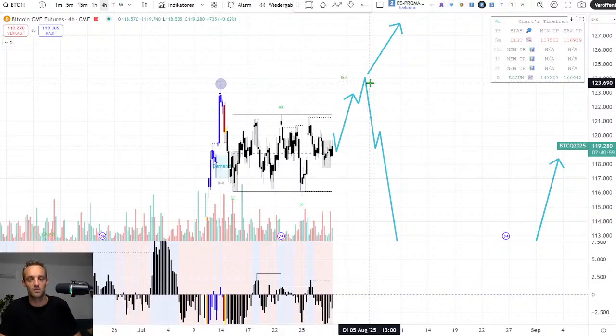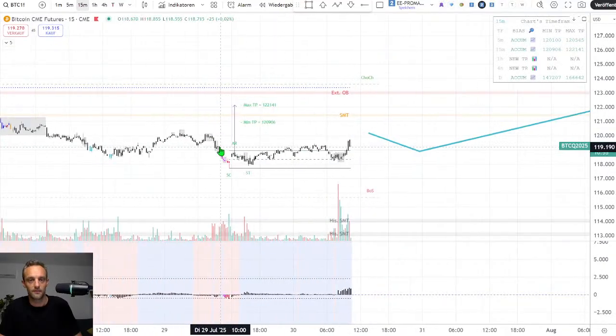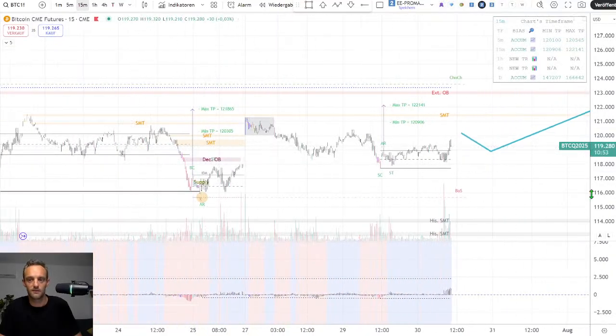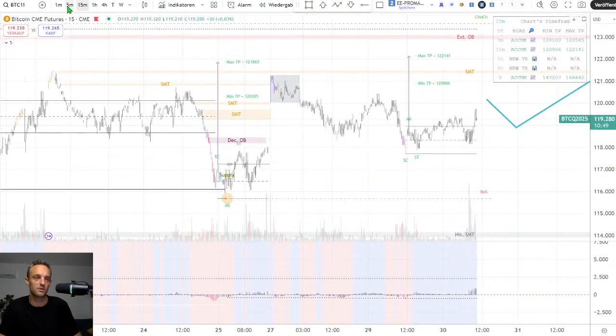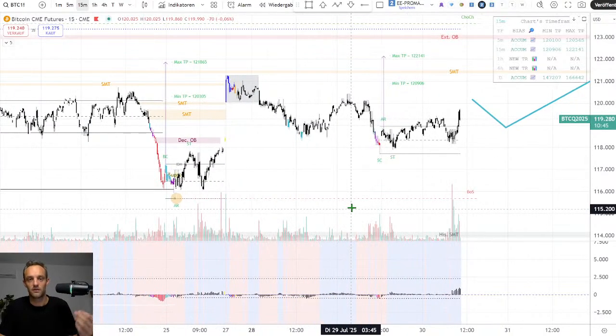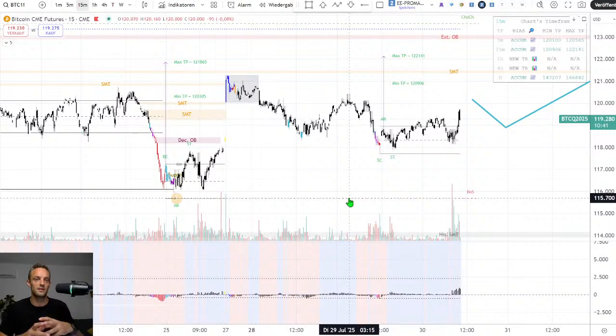If there's no volume in the breakout, it's a failure. Okay, so the 15-minute chart I think is the lowest time frame I would like to go to here. Of course, you can also go down to 5-minute or 1-minute. All these tools work on the lower time frames as well. But of course, you need to be a little more careful, because the higher time frame, the bigger picture, matters more. I think everybody knows it.